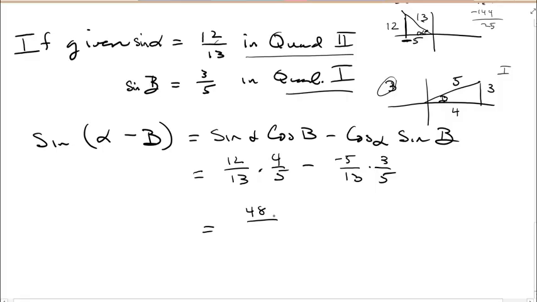So go ahead and get 13 times 5 just to make sure I got that right, 65. The negative minus the negative is going to cause that whole thing to be positive. So 48 plus 15, of course, is going to give us 63 over 65.